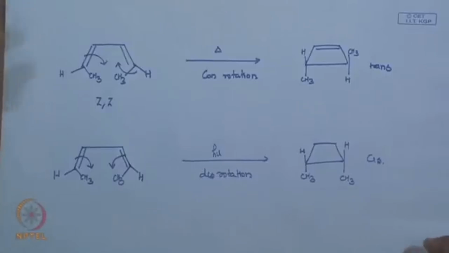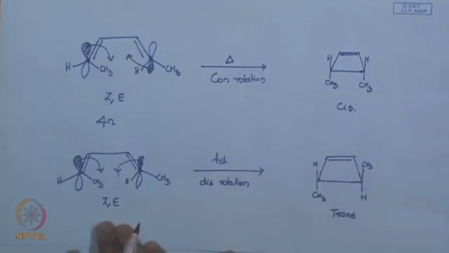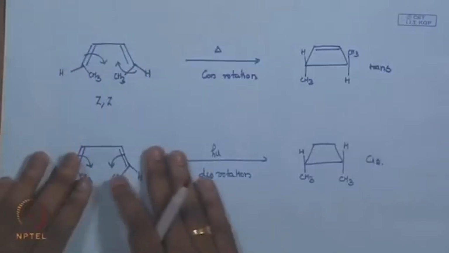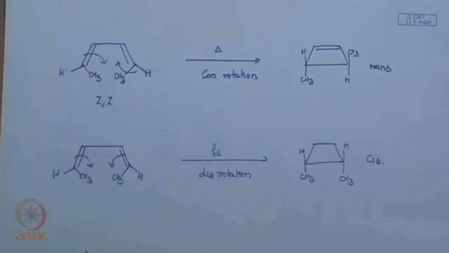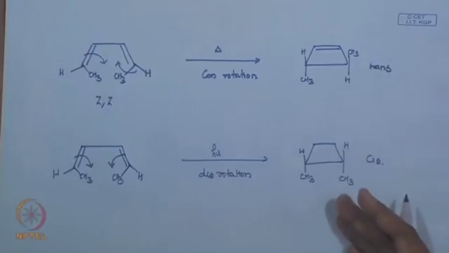See, that's why I said that the stereochemistry part of your electrocyclic reaction is so nice. You took ZE, you do the heating, conrotation, you get a cis product. You take the ZE, do light, you get it trans. But in this case, you take ZZ butadiene, and then you do the heating, you get the other way around. You get the trans, and once you shine light, you get a cis. So that's about your 4N system.